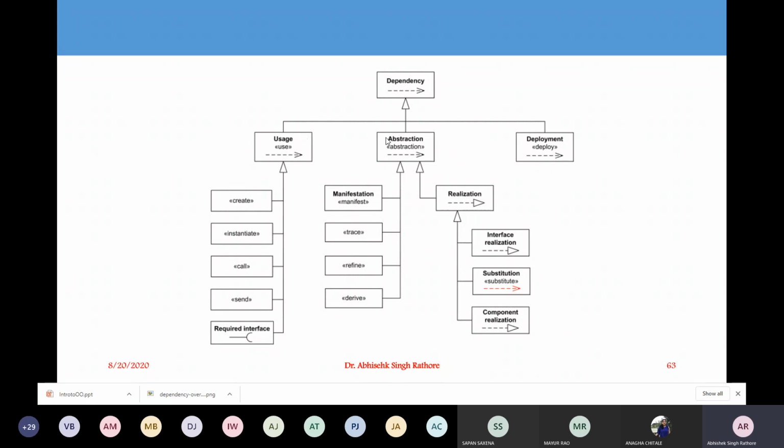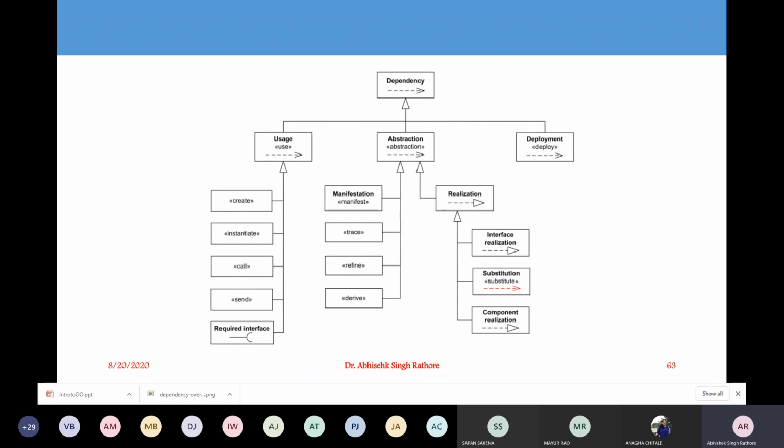In the case of abstraction, it relates two elements representing the same concept, but at different levels of abstraction. For example, consider the TCP/IP protocol suite: the upper layer and the lower layer, where one layer is dependent on another layer for usage, while the different layers provide levels of abstraction. This is an abstraction dependency.